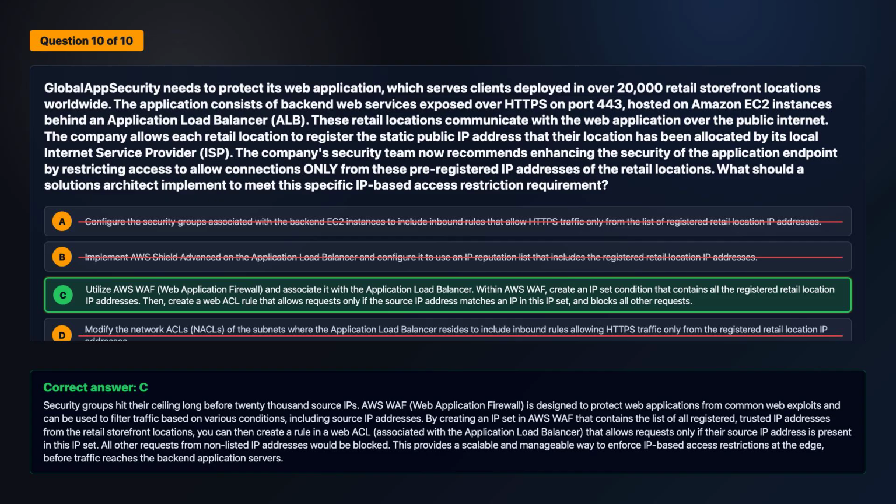By creating an IP set in AWS WAF that contains the list of all registered trusted IP addresses from the retail storefront locations, you can then create a rule in a web ACL associated with the application load balancer that allows requests only if their source IP address is present in this IP set. All other requests from non-listed IP addresses would be blocked. This provides a scalable and manageable way to enforce IP-based access restrictions at the edge before traffic reaches the back-end application servers.